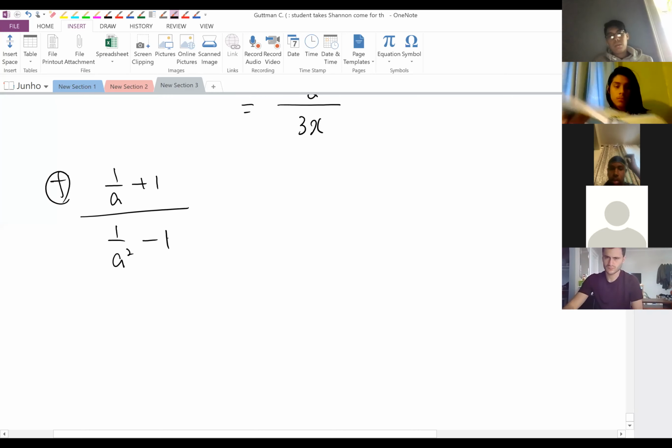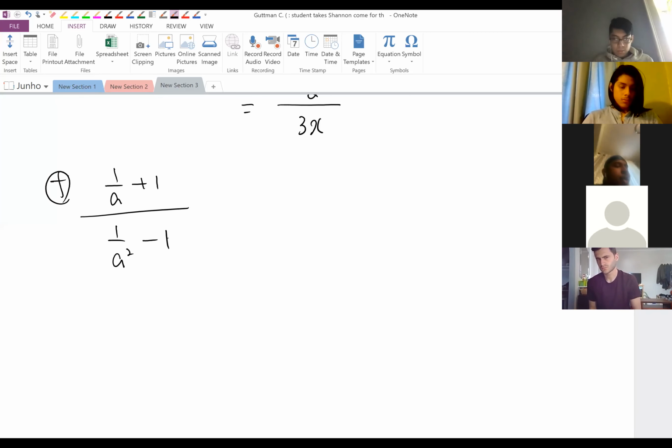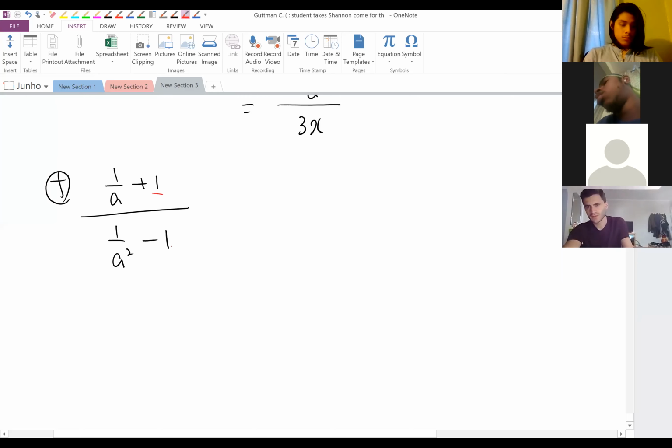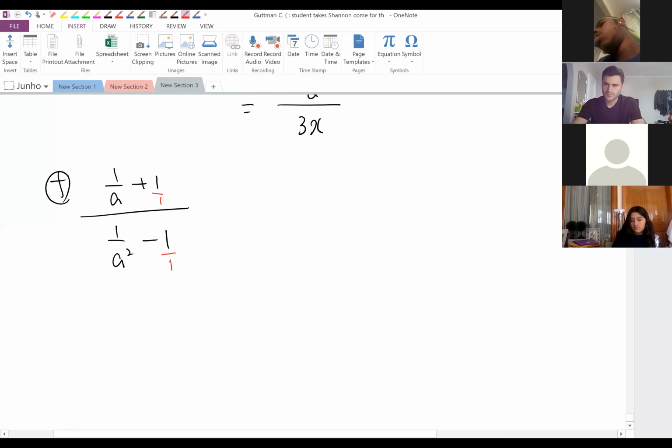Okay. So we need to find all the denominator values. So I'm gonna mark it here. So as you know, this one you can rewrite over 1. So the denominators are a, 1, a squared minus 1, right?